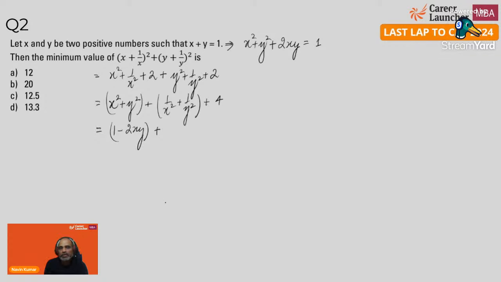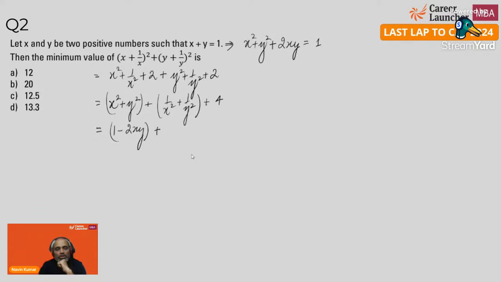Now, if I have 1 by x plus 1 by y, to what extent can we go? Should we substitute x into y? Because I can think of 3 different ways.